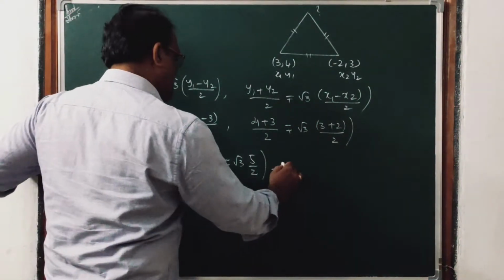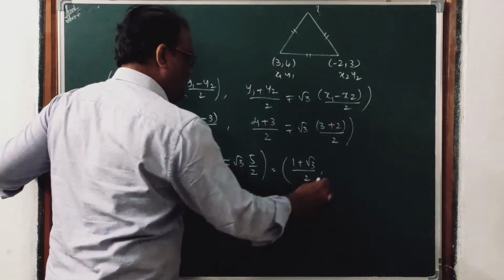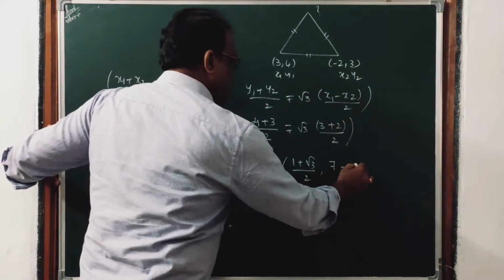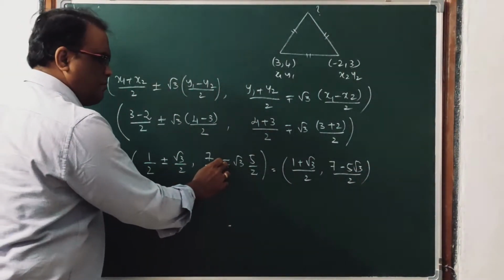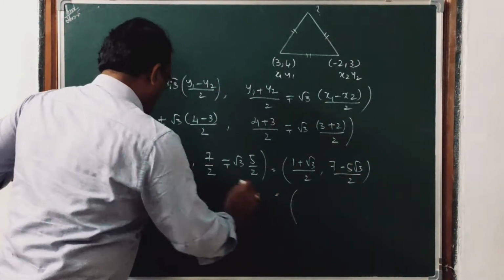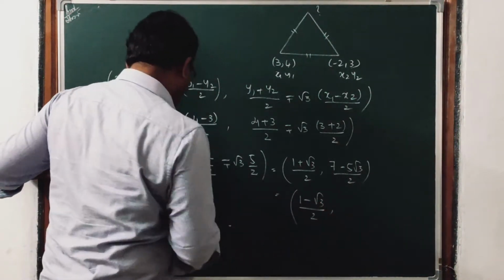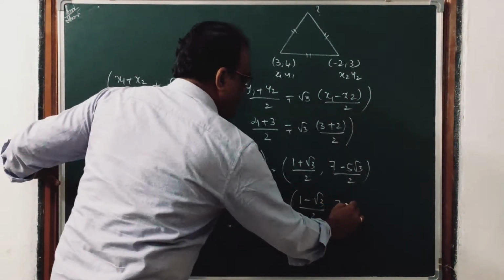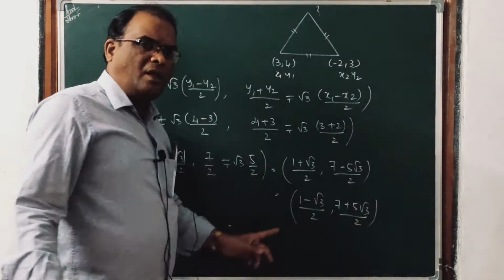So if you take plus here, you get (1 + √3)/2, comma, (7 - 5√3)/2. If you take plus here, you have to take minus there. Next, (1 - √3)/2, comma, (7 + 5√3)/2 is another point.